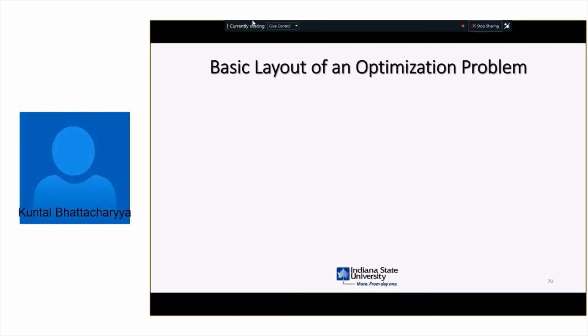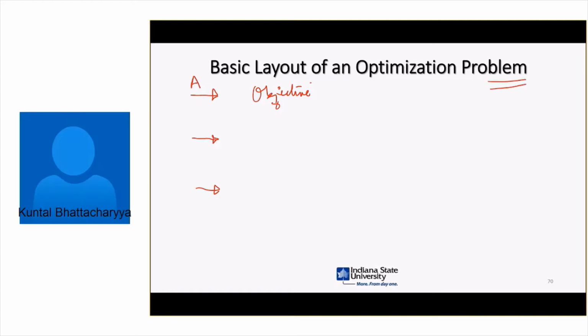Okay, so an optimization problem has three parts to it, and any optimization problem has three parts to it. In part A, you figure out what your objective is. As you can see, it's no different than how we looked into statistics. In statistics, you try to figure out what your problem is, right? The same story here.